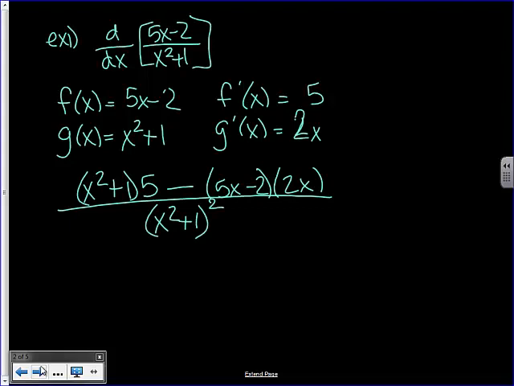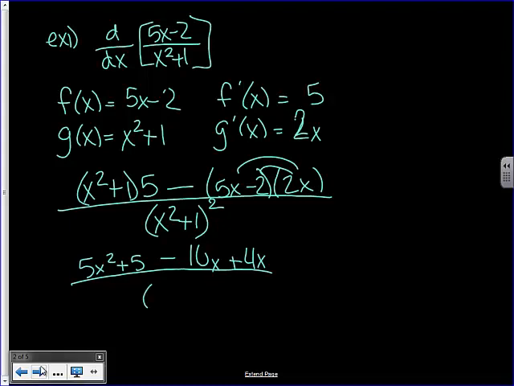Okay, now we're going to distribute and do some algebra. So that gives me 5x squared plus 5 minus, we'll distribute my 2x through, so 10x squared plus 4x, all over x squared plus 1 quantity squared. Okay? We'll combine it all together. 5x squared and negative 10x squared, that should be x squared, shouldn't it?